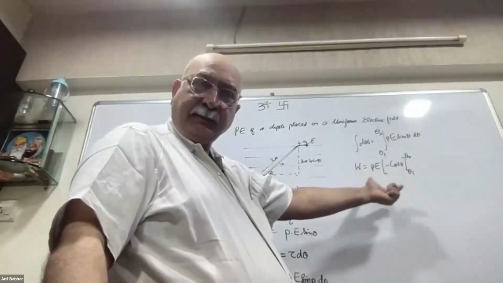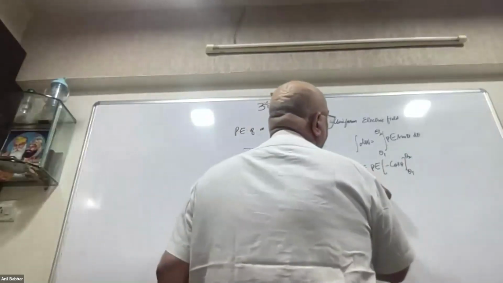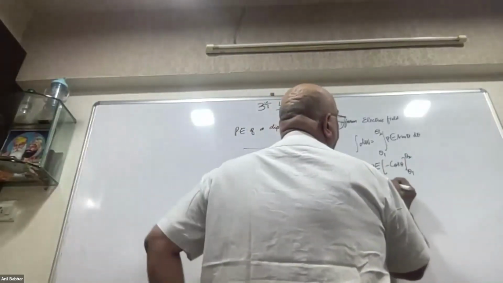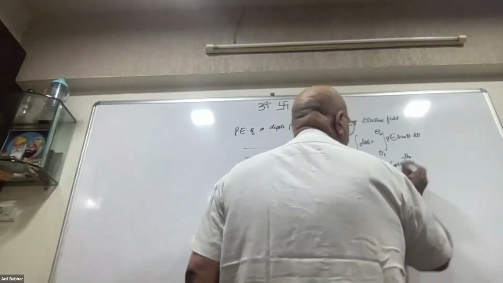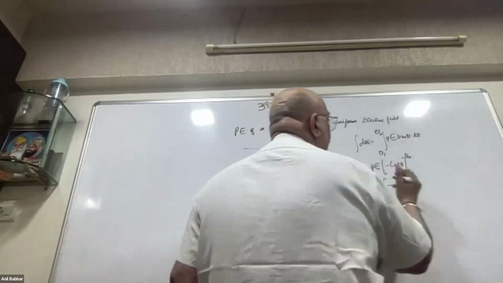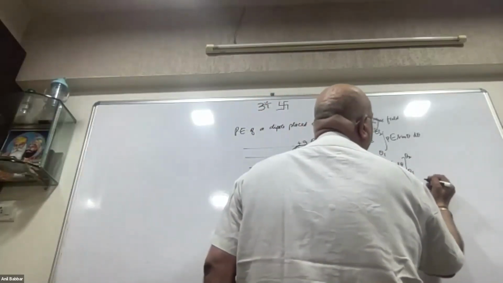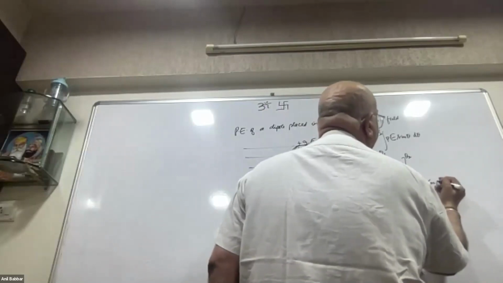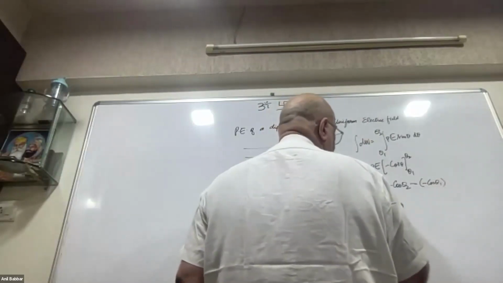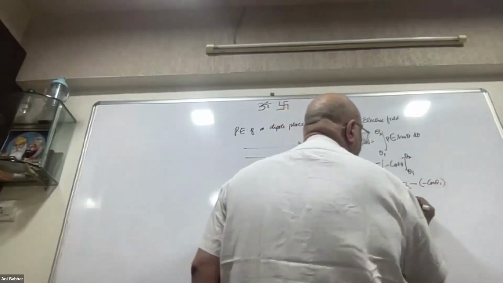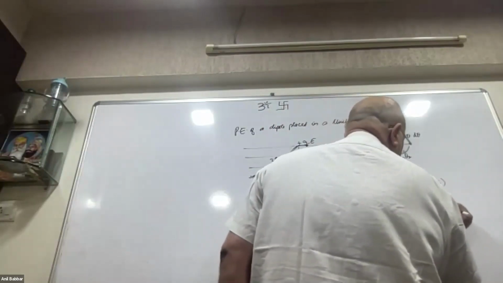Now putting in the upper and lower values, W is equal to pE times minus cos theta 2 minus of minus cos theta 1. So that becomes positive, and W equals pE times cos theta 1 minus cos theta 2.